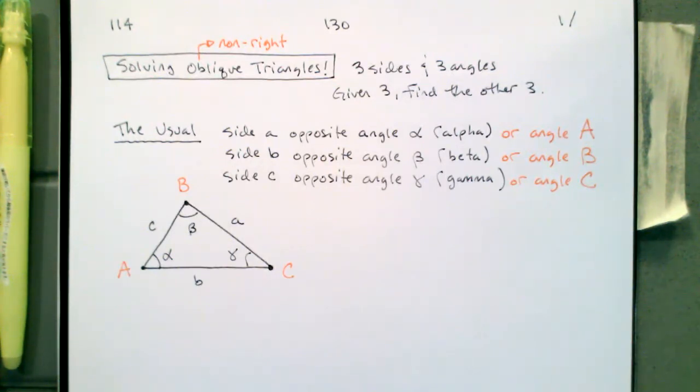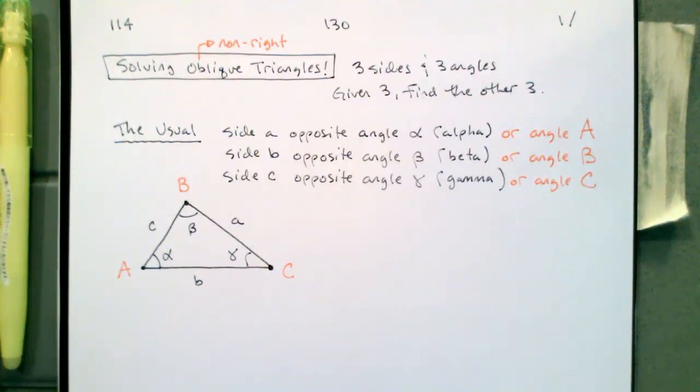If we don't have a right angle, we don't have a hypotenuse, we can't say sine theta is opposite over hypotenuse. Also, we use the Pythagorean Theorem, which said the sum of the squares of the legs of a right triangle is equal to the square of the hypotenuse. Once again, right triangle and hypotenuse, a thing that we do not have anymore.